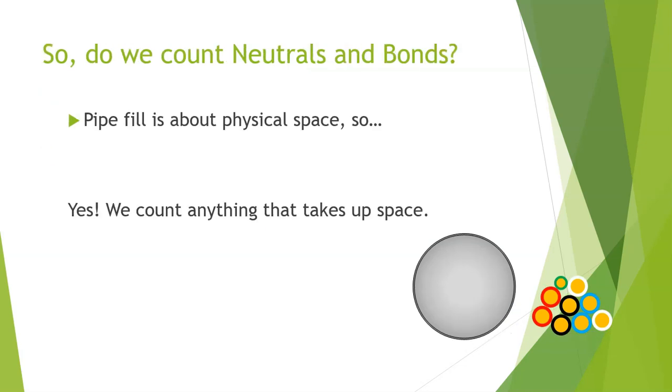So the next question that comes up, and this is often because people get confused between pipe fill questions and ampacity questions, is students or individuals even in the field will make statements or ask questions about whether or not neutrals or bond wires get counted when we're doing pipe fill or box fill.